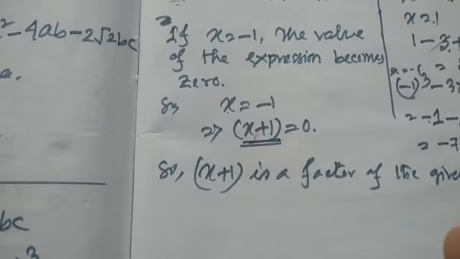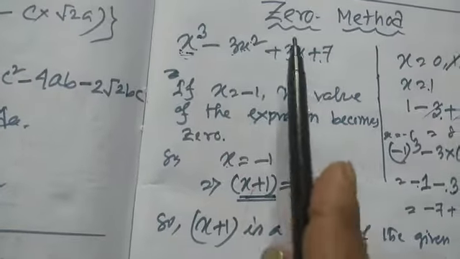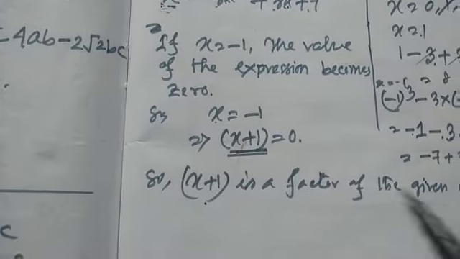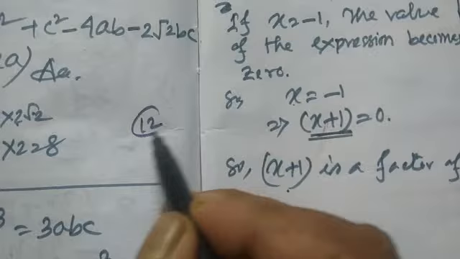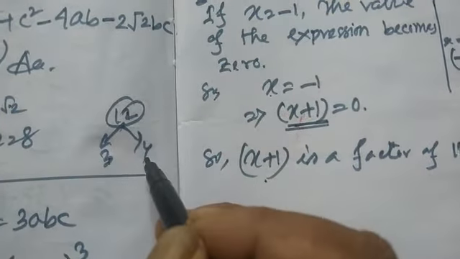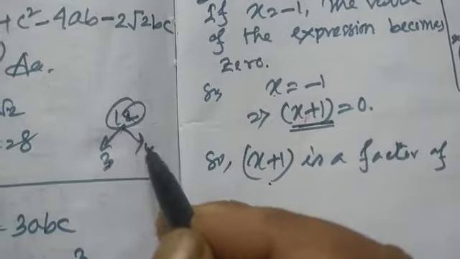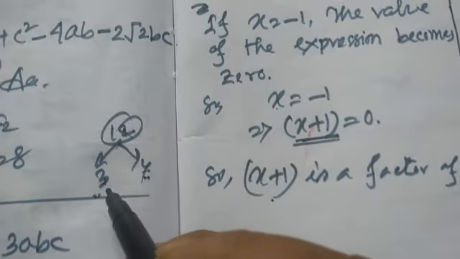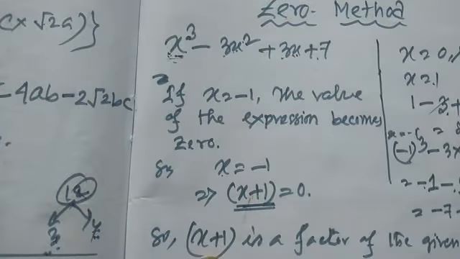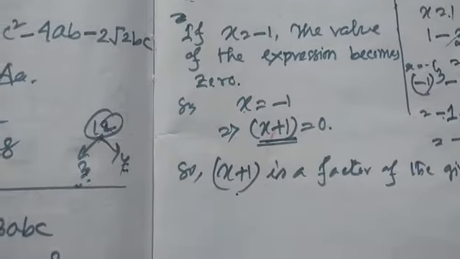So 4 is also a factor. If you divide 12 by 4, you will get 3. 3 is also a factor. So if you divide the polynomial by one factor, you will get another factor.